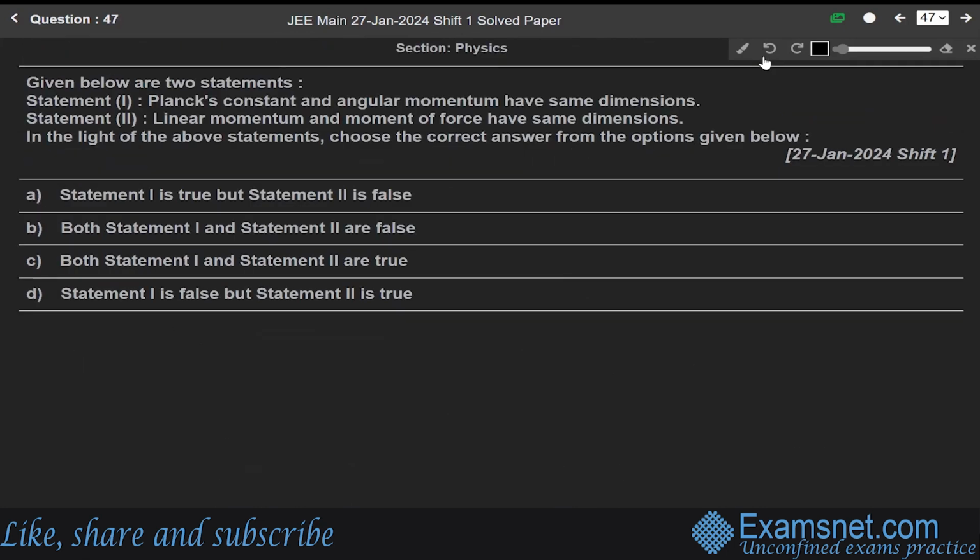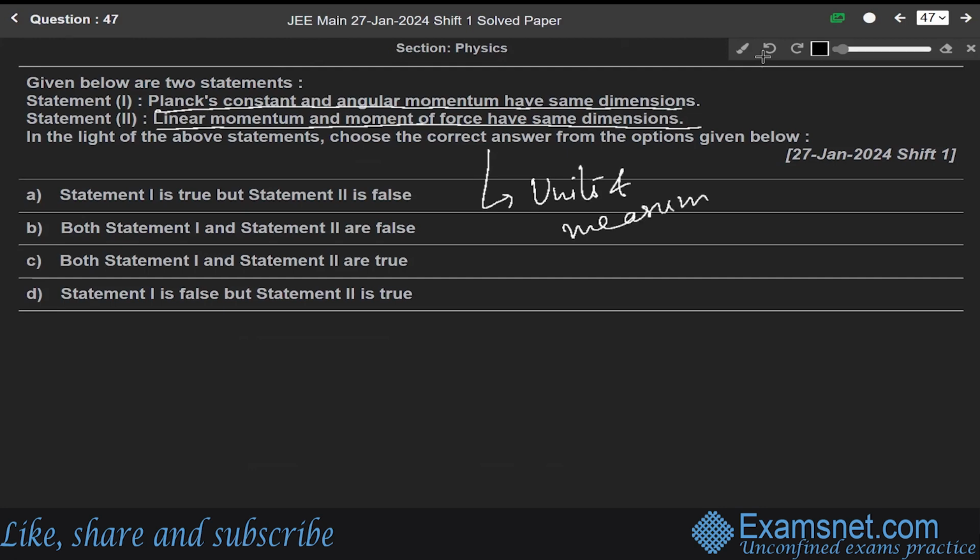This question says that there are two statements. Statement 1 says that Planck's constant and angular momentum have the same dimension. And the second statement is linear momentum and moment of force have the same dimension. So this question is from the chapter of units and measurements, chapter number 1.